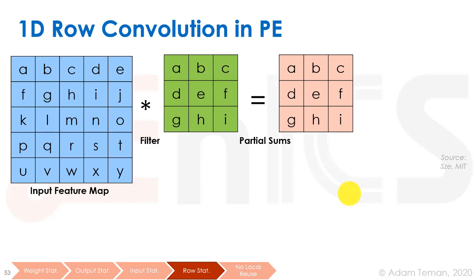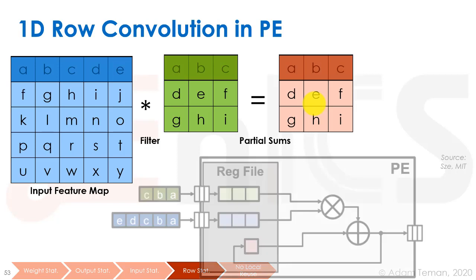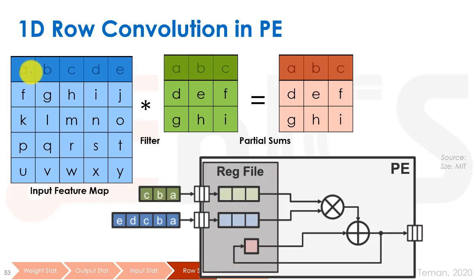So the 1D row convolution in the PE is like this. Here's our input feature map on the left side, here's our filter, and here are partial sums on the right side. What we're going to do here is look at one row in this processing element. This particular processing element, a MAC with its register file, is going to only look at one row.